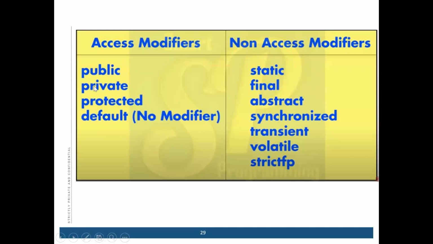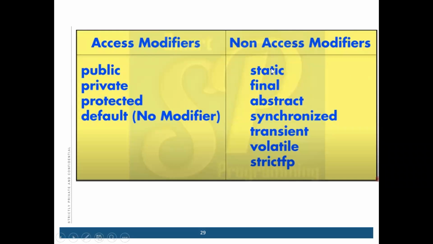It decides where we can access those methods and variables. With a non-access modifier, we cannot access those variables or methods in the usual way. That's why they are called non-access modifiers. If we put final in front of any variable, then that cannot be changed like that, right, Chavi? This is applicable for methods as well as variables.